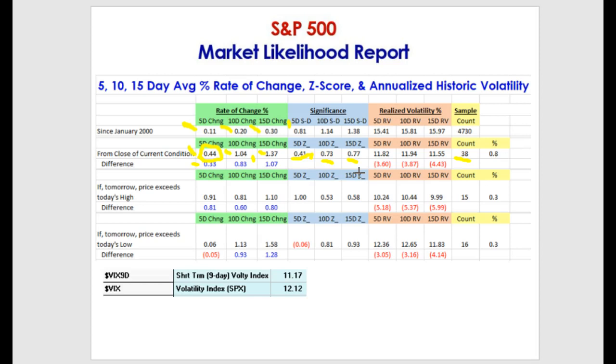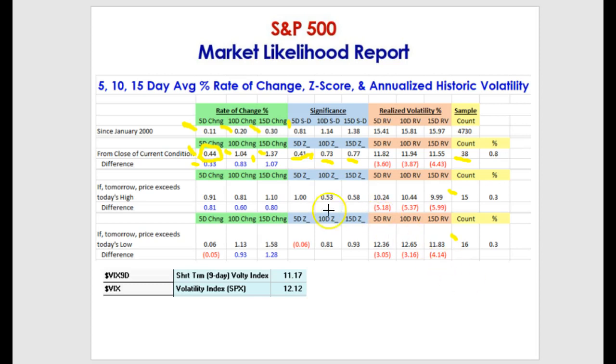Now we can take that 38 and divide it by those times where the market goes above Friday's high and those times where the market went below Friday's low. That to the upside occurred 15 times, to the downside occurred 16 times, and I think the other 7 times it probably was an inside bar or an outside bar and did both. I think it would probably be inside bars again in that case, because we're missing about 7 there.